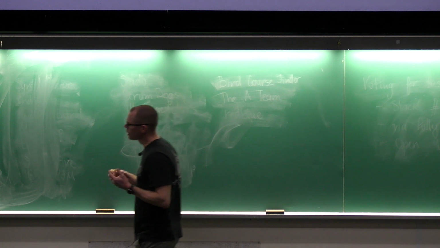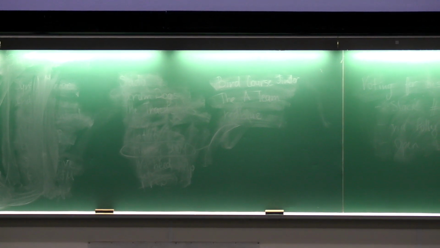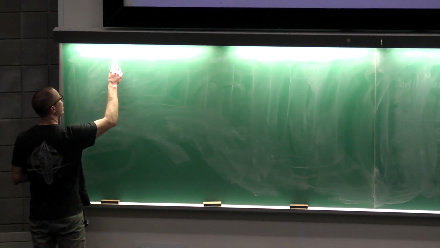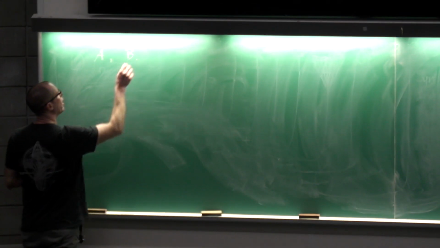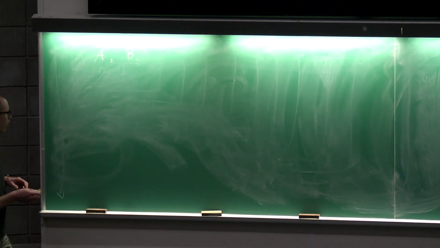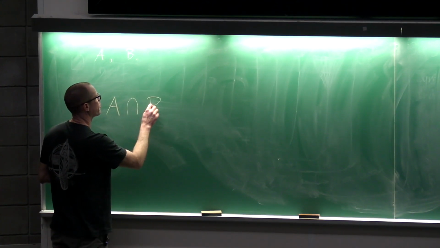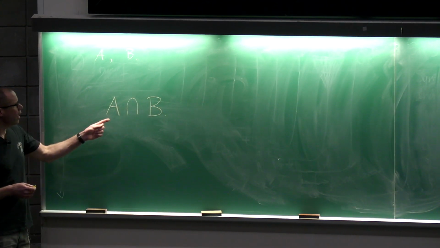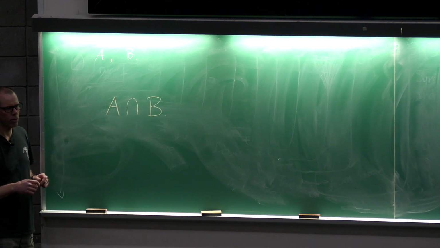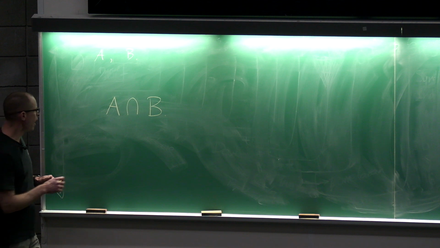So we've often talked about events. We might have events A and B, and already you'll see that I often write this, and I say A and B, meaning that A and B both happened.